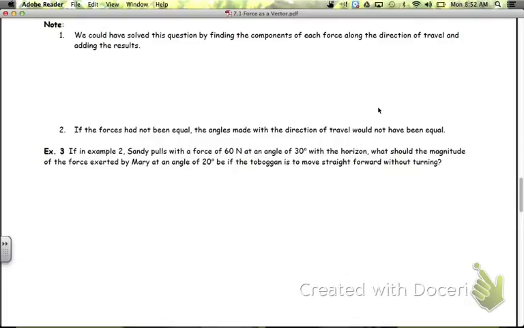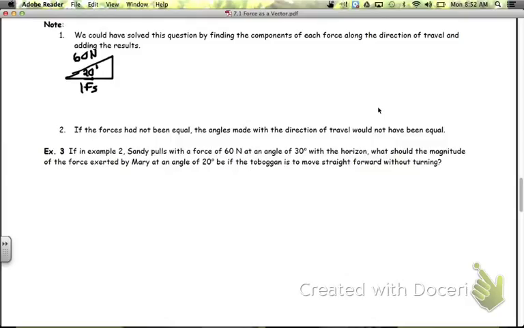So just as a note here, we could have solved this question by finding the components of each force along the direction of travel and adding the resultants. What I mean by that is you could have your two components, so 20 degrees, and we knew this was 60 newtons. Let's say Sandy here is our first force.